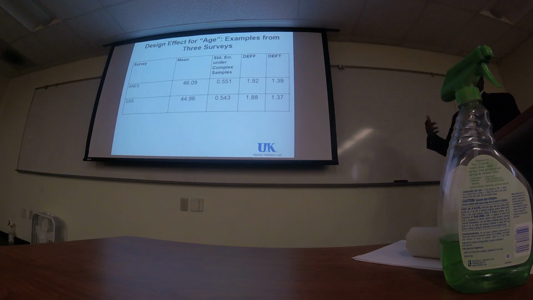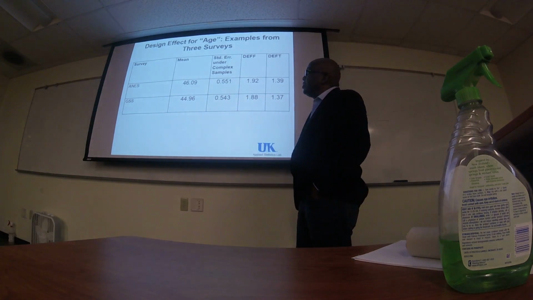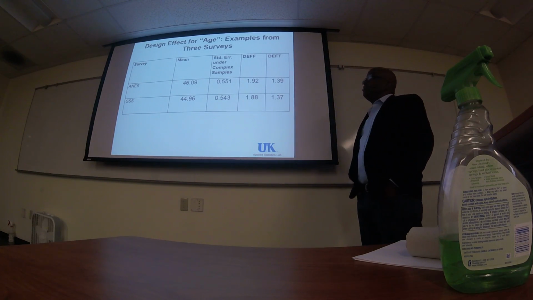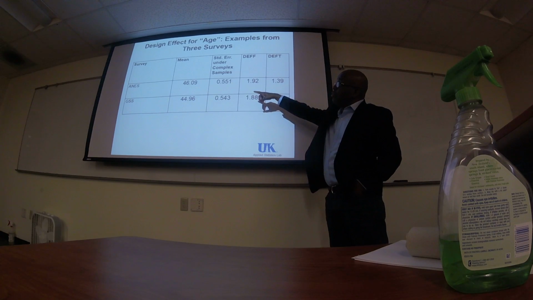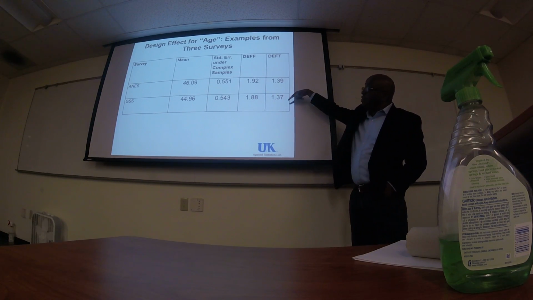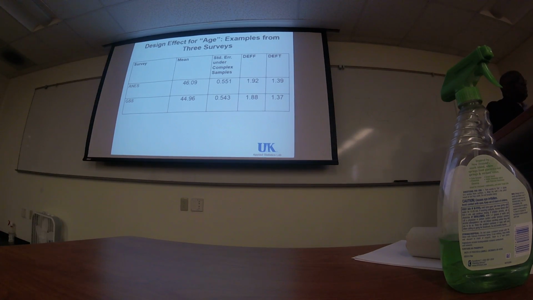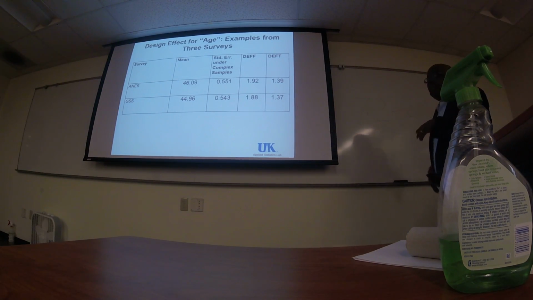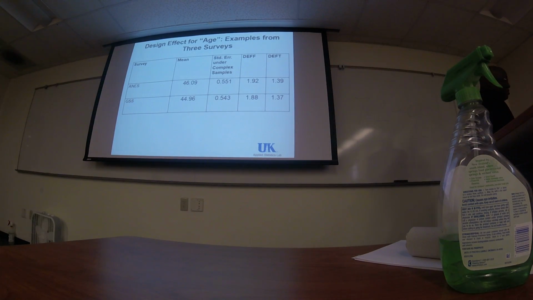This is an example of two surveys. We take the mean of the age between all of them, and we get the standard error using the complex sample. These are the DEFT values. If you can see, the DEFT values are greater than 1, that means this complex sample inflates the variance compared to simple random sampling.